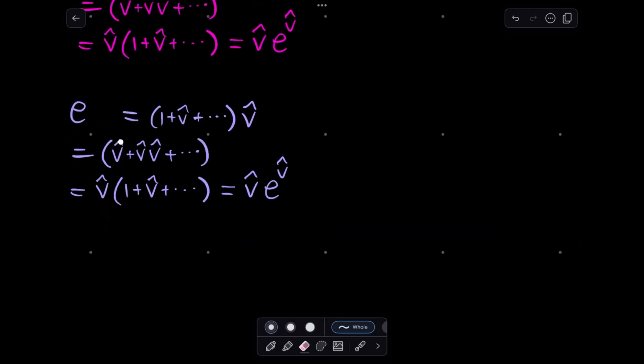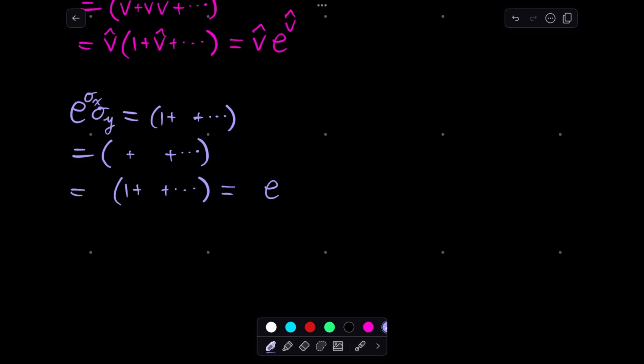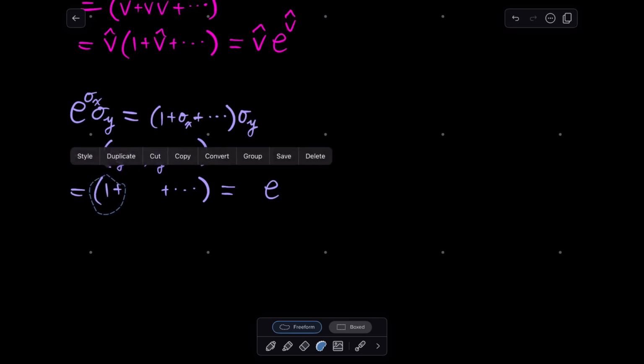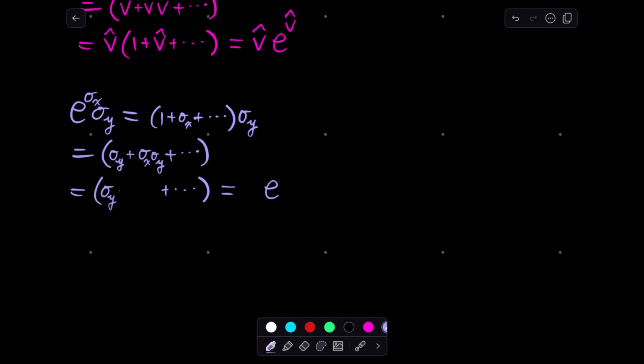And if we have all of these V's, if we have sigma x and sigma y, we end up with sigma x here, sigma y, which then ends up being sigma y, and then sigma x, sigma y, which ends up being sigma y minus sigma y, sigma x, and then you end up with corresponding negative signs in the other terms here, so you don't need to write it out, but you end up with corresponding terms there.